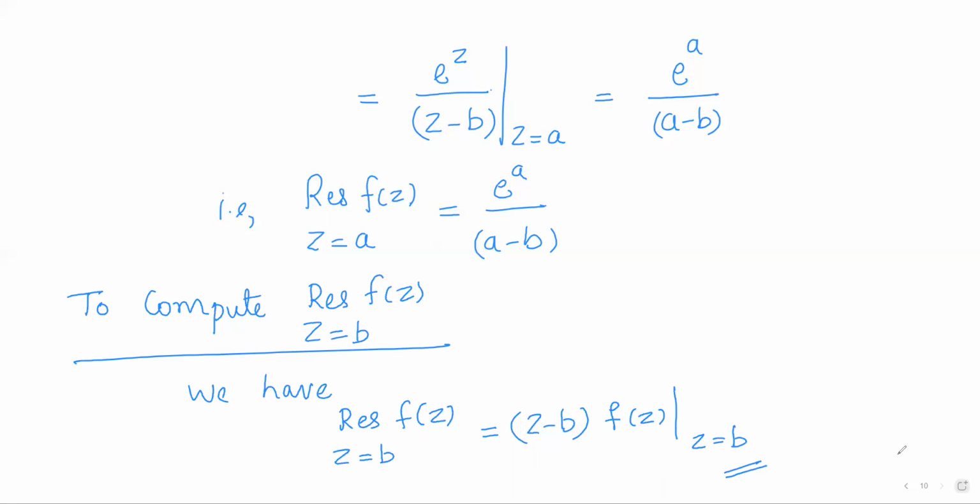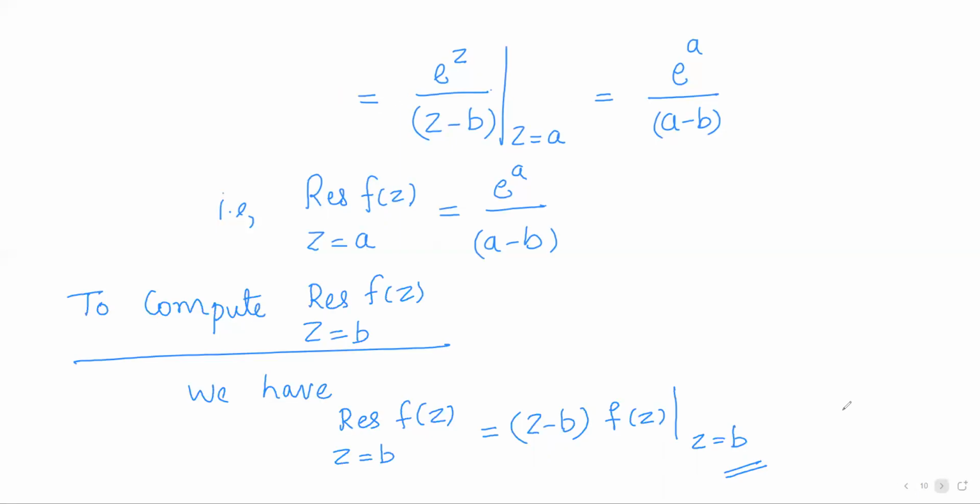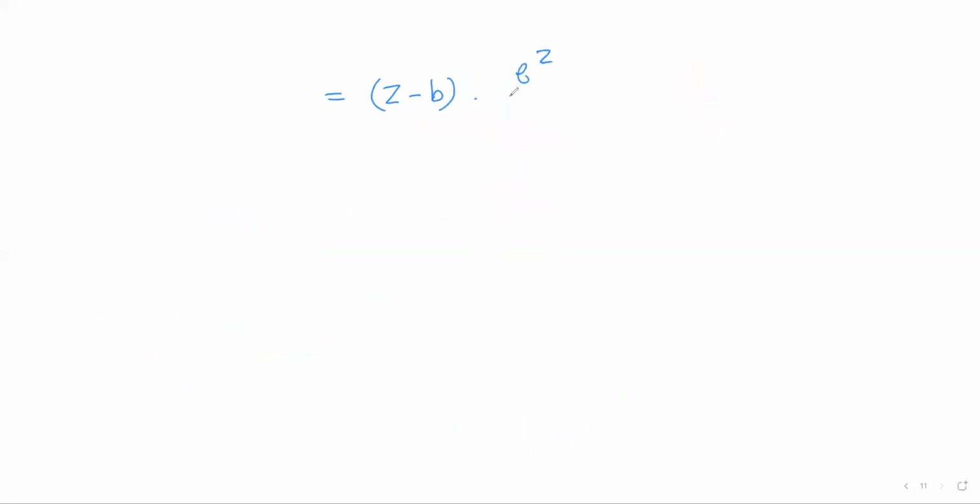So now this is equal to z minus b into f of z. So what is f of z? e to the power z divided by z minus a into z minus b at z is equal to b. So z minus b gets cancelled.